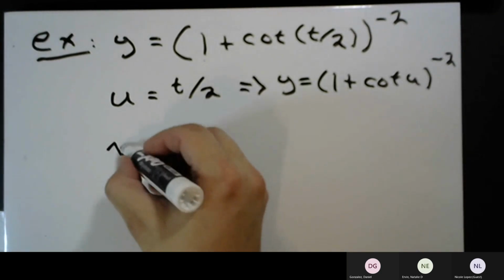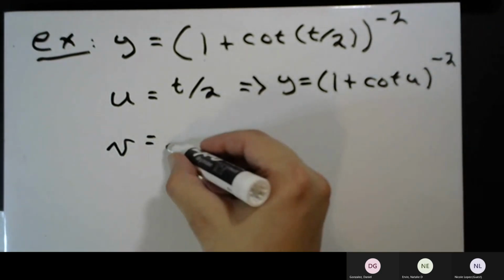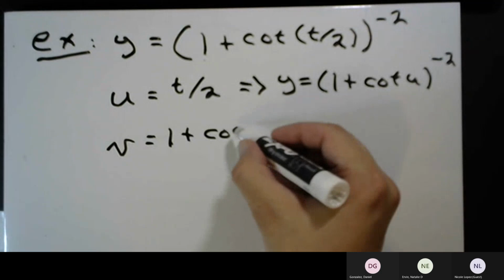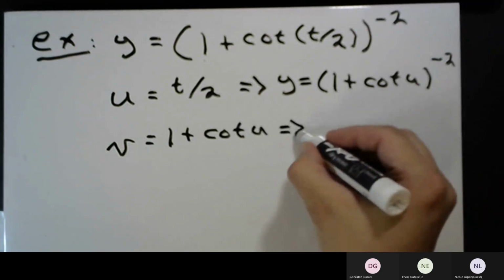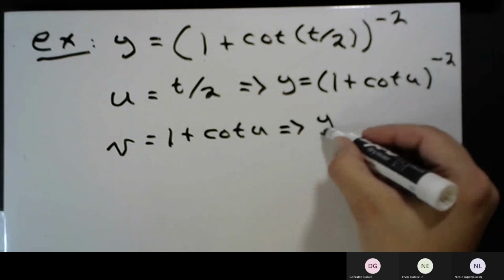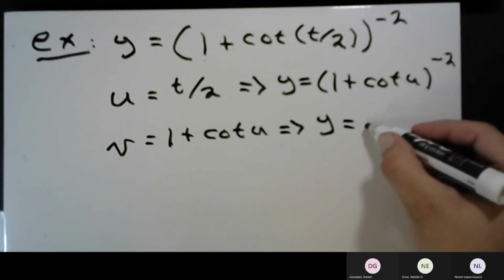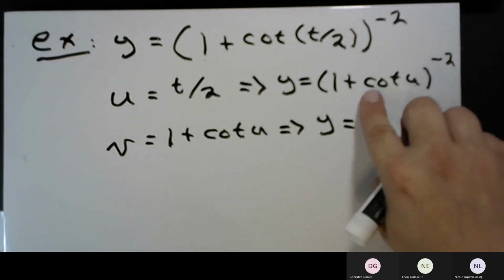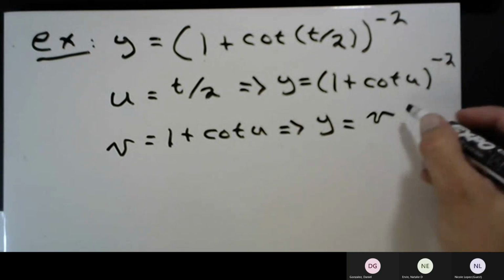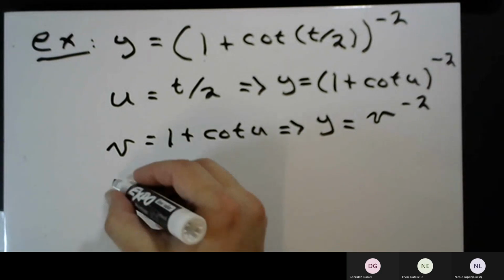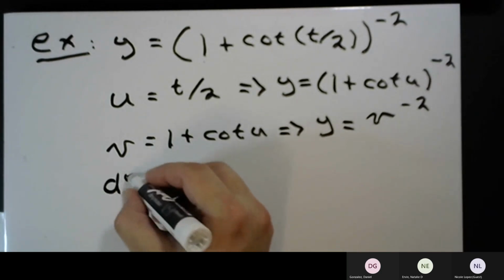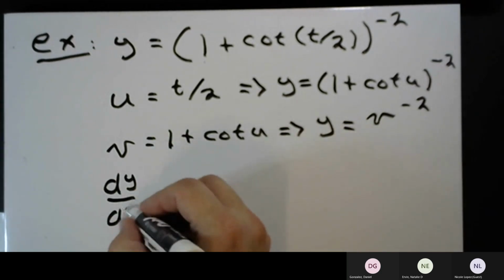And then what we'll do is we'll let v be 1 plus cotangent of u. And so this means y now becomes v to the -2. So to calculate our derivative, we'll do dy dt.